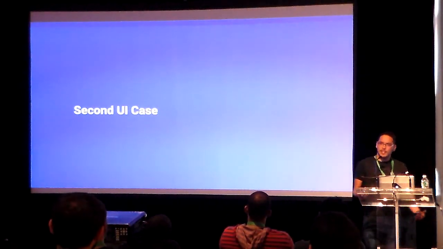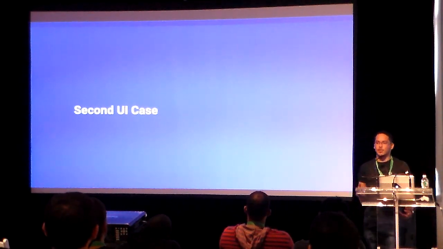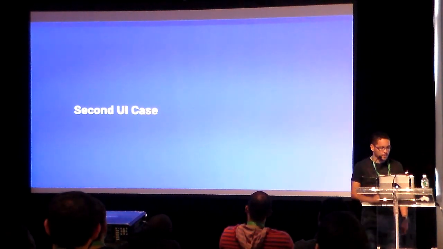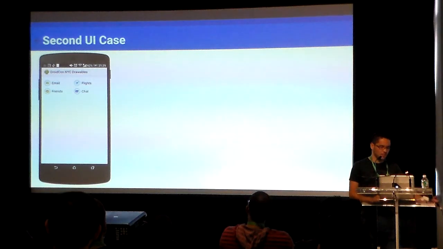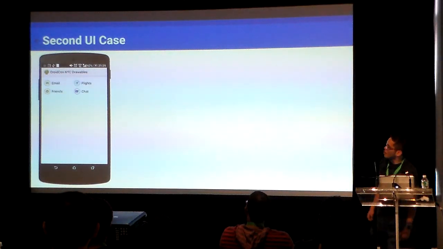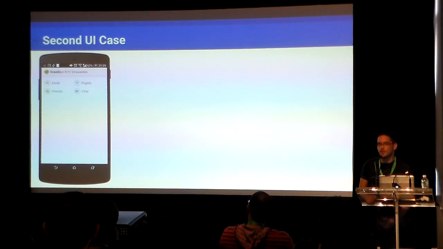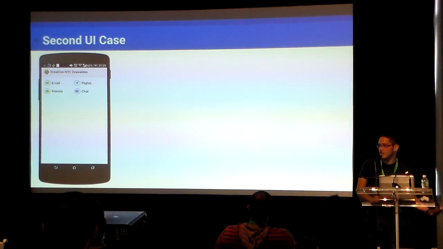So let's go to our second UI case. Let's get a little bit more complex, all right? So here's our second UI. I have many resources now. I have 4 resources, and each one of them is the same thing. When I click on it, I go to an activity where my action bar has the same icon, but without the circle.